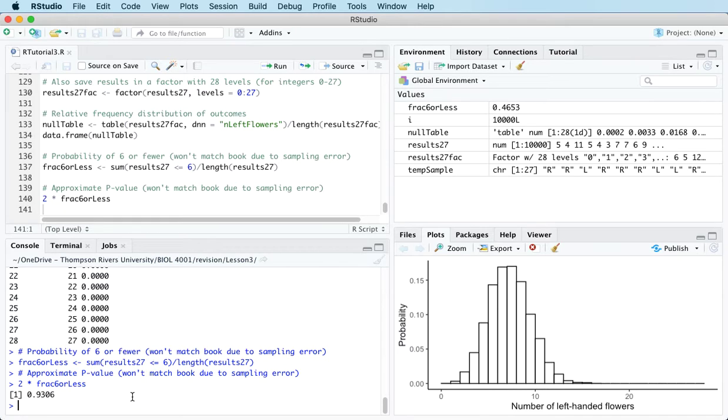And similarly, we cannot say that we accept the null hypothesis. So that's one important thing to remember about hypothesis testing, is that we can either reject the null hypothesis in favor of the alternative, or we can fail to reject it, but we cannot accept it.